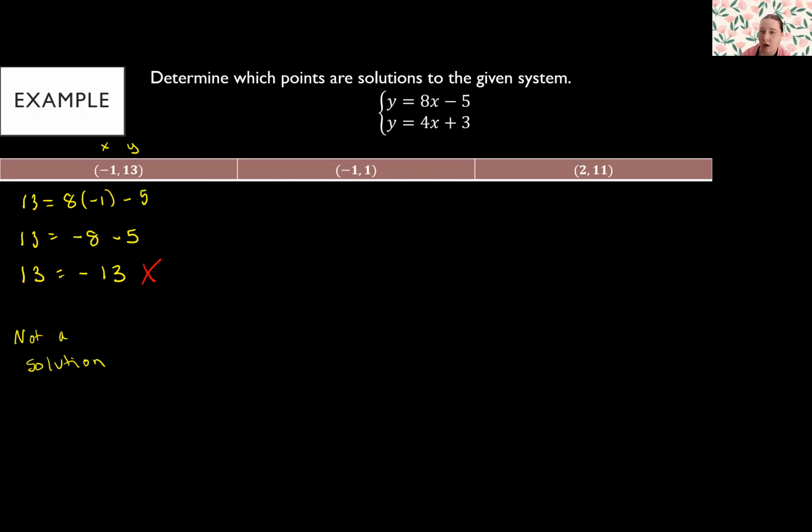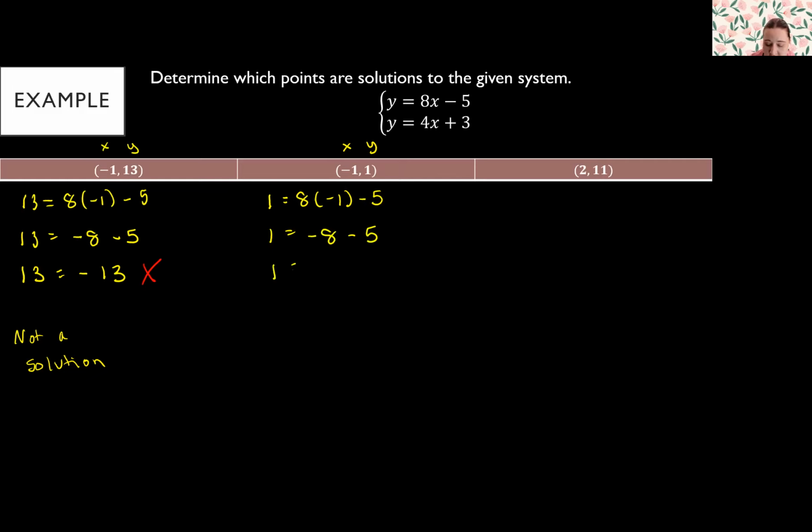We have -1, 1. So let's check it in the first equation. So our x is -1 and our y is 1. So this is going to be 1 equals 8 times -1 minus 5. And so 8 times -1 is -8 minus 5.